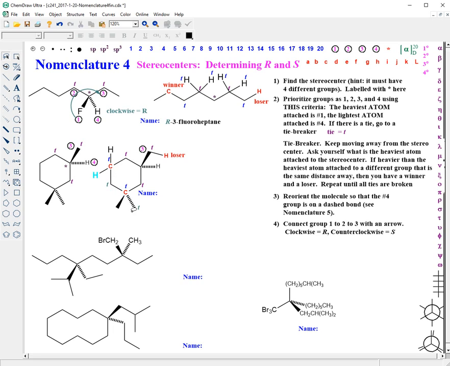We have not compared this carbon yet. That is a winner. Baby blue winner, baby blue C. Comparing this C to this H, the same distance away from the stereo center, we have a winner and a loser.